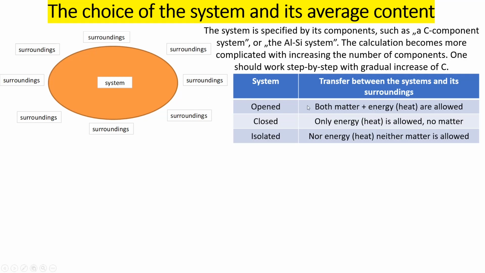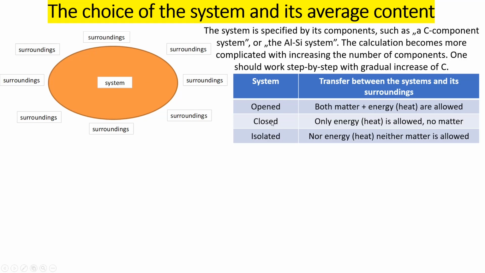Or the system can be a closed system. In this case, the exchange of matter is not allowed. I mean, matter cannot leave the system to the surroundings, and matter cannot come from the surroundings into the system. In the opposite case, if the system and the surroundings can exchange matter, it means that you practically study the universe, which is really not practical.